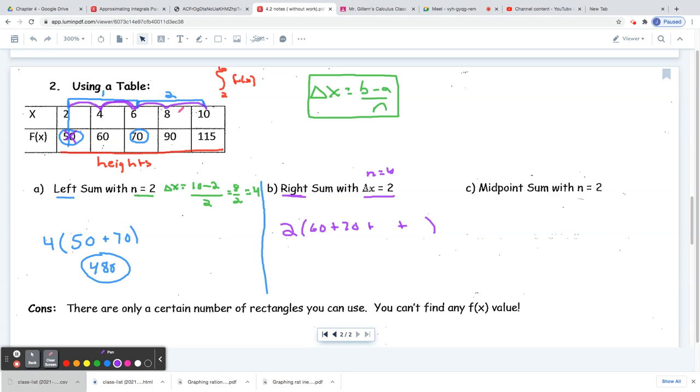The third one that goes from 6 to 8, the right side is 90. And the last one is 115. So you just add 60 plus 70 plus 90 plus 115, and then multiply that by 2, gives you an answer of 670.